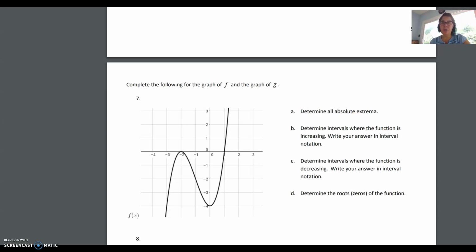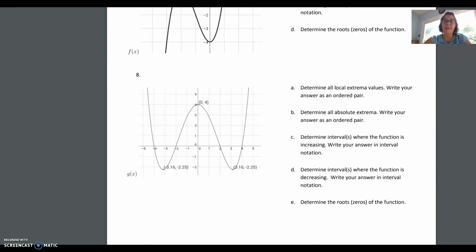So absolute extremas: absolute min, local min, absolute max, local max. You should be able to provide them from the graphs, naming them correctly. Increasing and decreasing intervals are given with the x values, the input values. I know that if it's increasing, you want to go till the top.